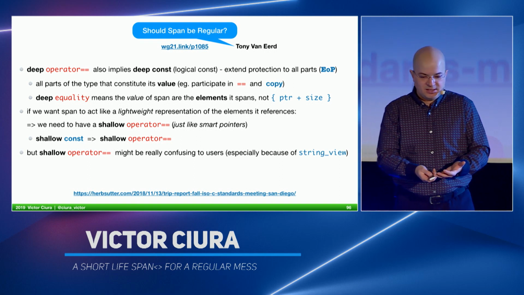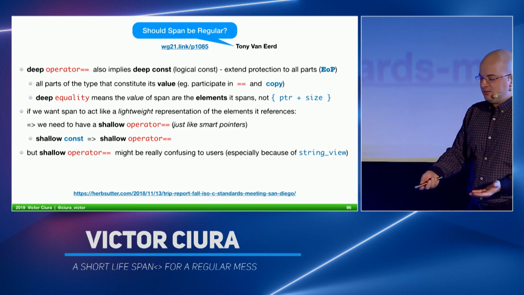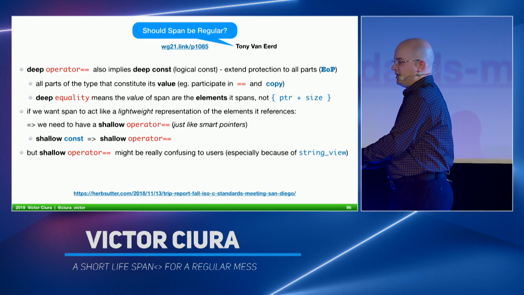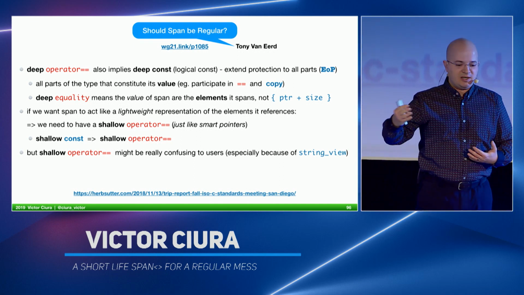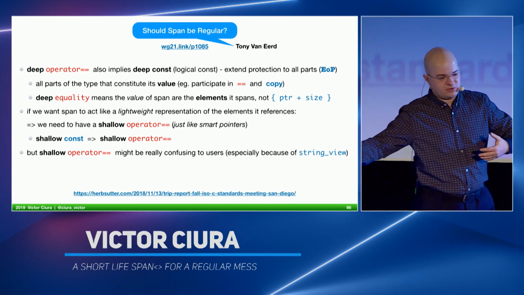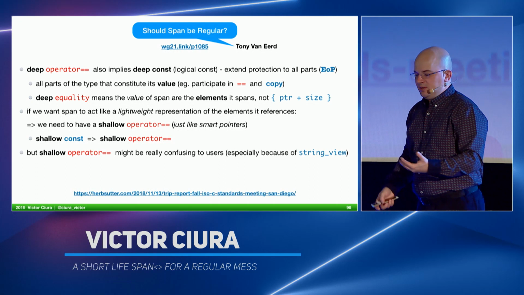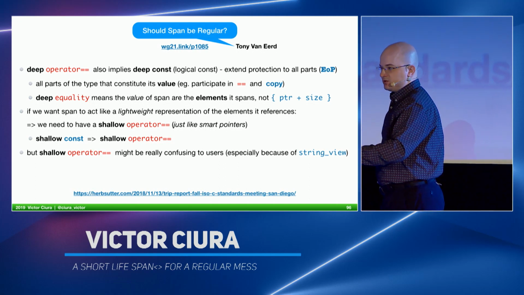For example, if you're using string view right now, this might be really confusing because it behaves in a certain way for string view. And in your mind, if you take this parallel between string view and span, you think this is for strings, this is for generic buffers. You might be confused because the equality might behave totally differently for string view and span.